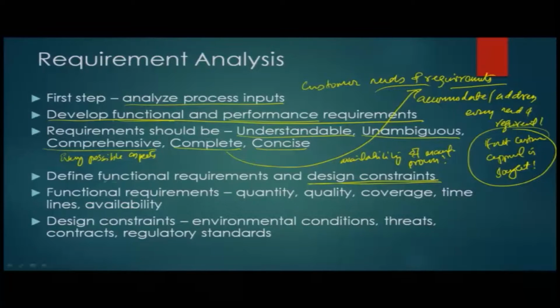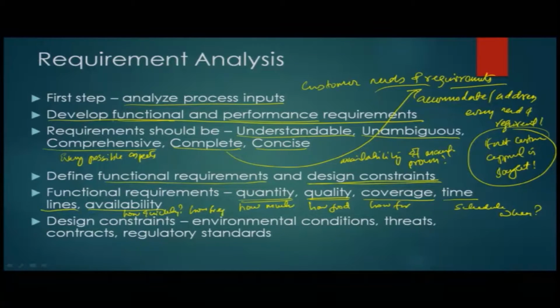And the functional requirements, if you want to spell out what they are, or look into the detail of what the functional requirements are, some of them are: quantity, which is how much; quality, which is how good; coverage, which is how far, you can think about it that way; timelines, that is a schedule, or the question of when; and availability, how quickly and how frequently.